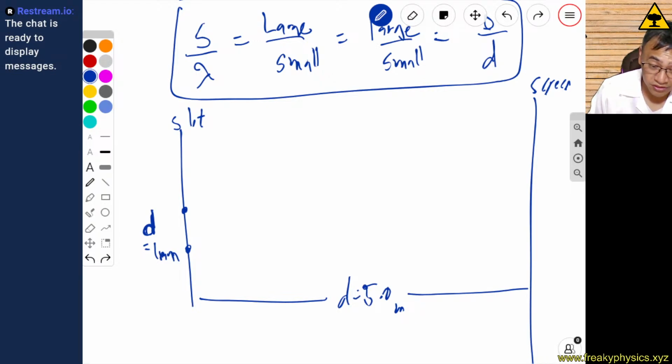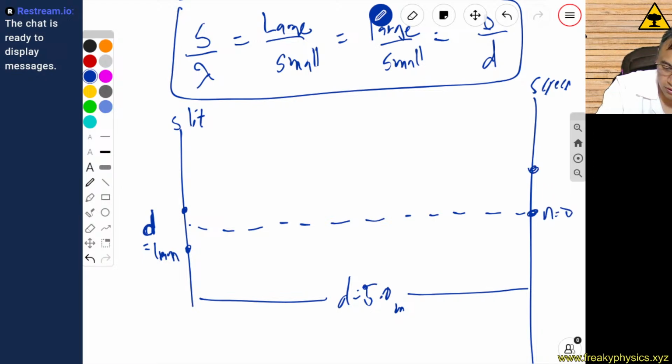So this is why this equation works: because of this large distance between the slit and the screen as compared to the separation distance between the slits. Now, in this case, I'm just going to note that this is n equals 0, n equals 1, and n equals 2.